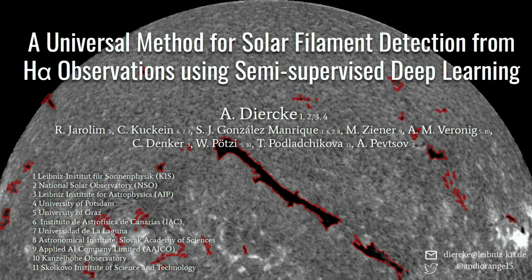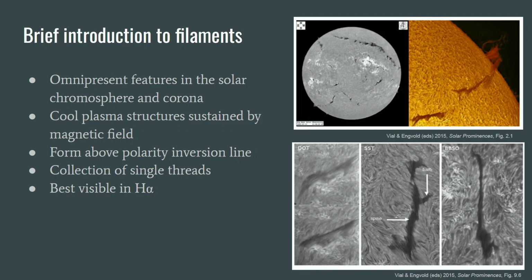Yeah. So, it was already introduced, so I can already start. I'll just start with a brief introduction to filaments. When you see a chromospheric image, the most omnipresent feature in these chromospheric images, at least in H-alpha, are filaments.